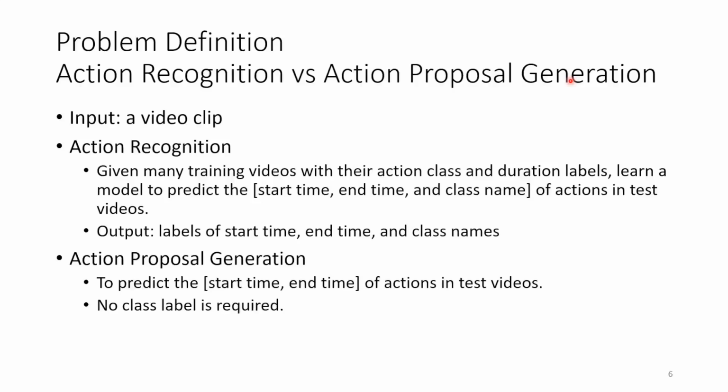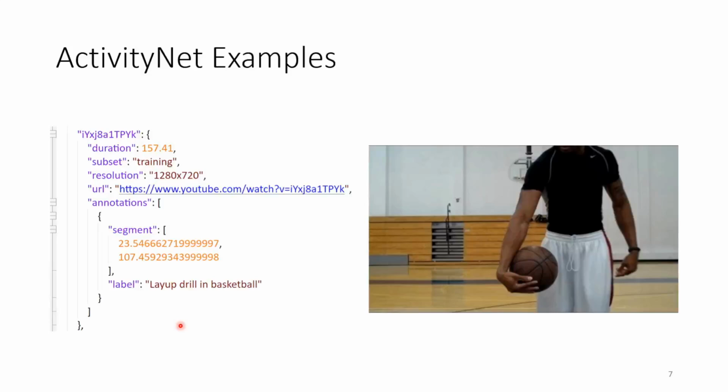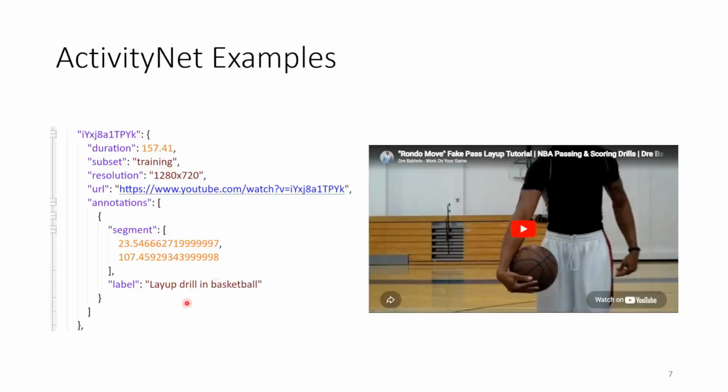But for temporal action proposal generation, they don't care about what the action is. They only care about the beginning and the ending of this action, so they don't need the class label. Okay, so let me show you an example first.